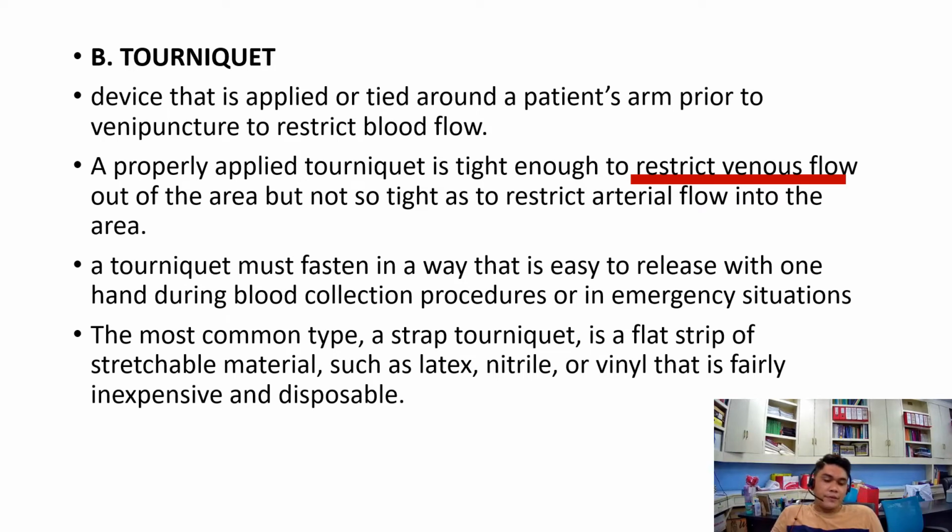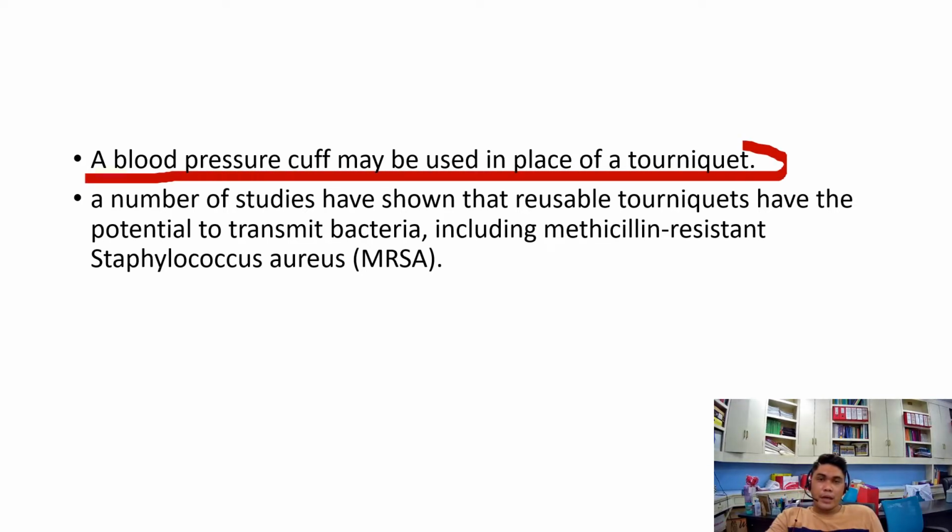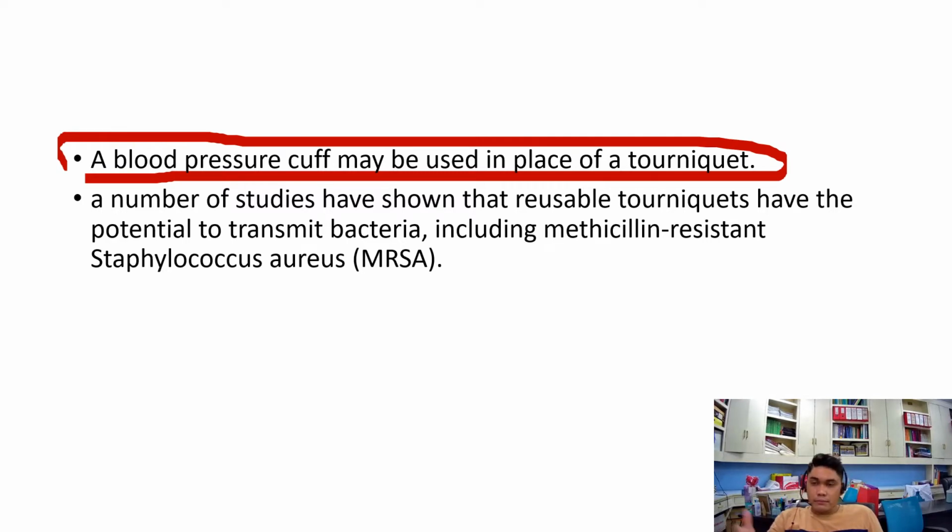But if there's visible contamination, then you need to discard that tourniquet. A blood pressure cuff may also be used in place of a tourniquet. If you use a blood pressure cuff, you can inflate it to 40 mmHg, not more than 40 mmHg.